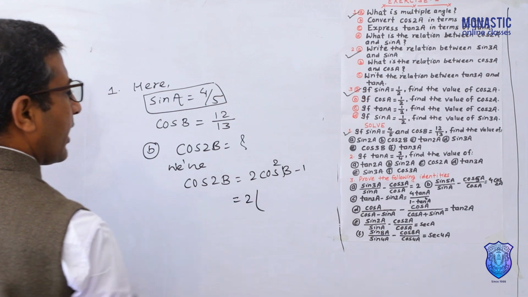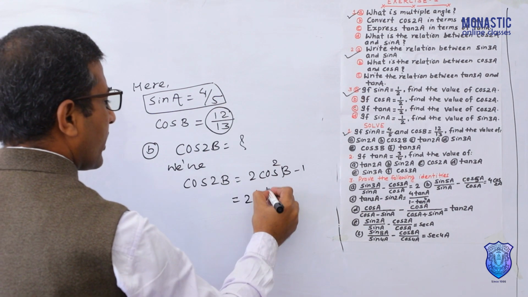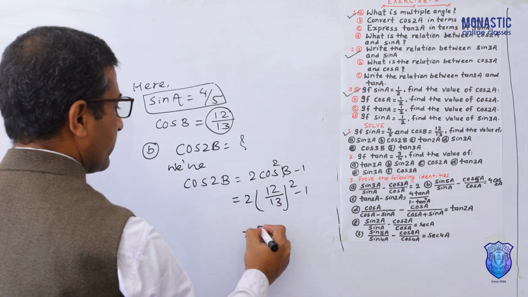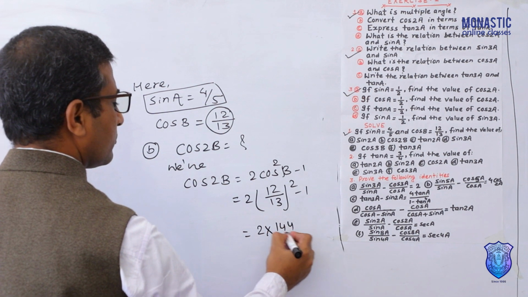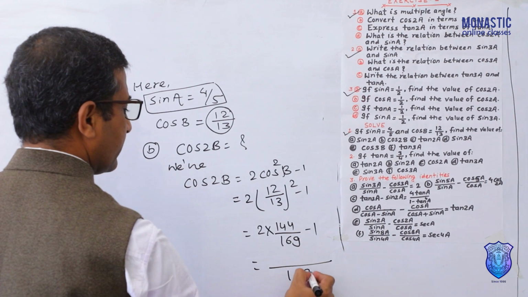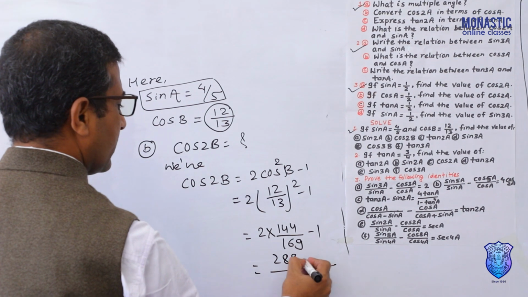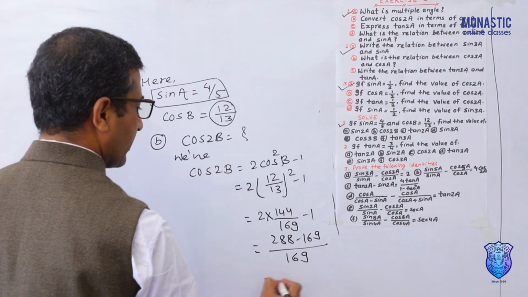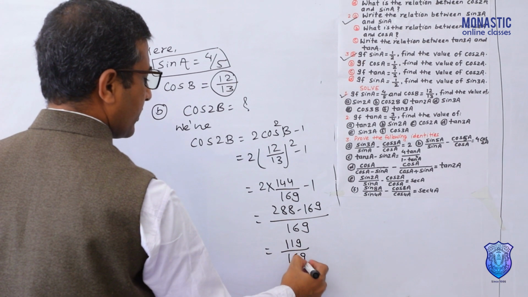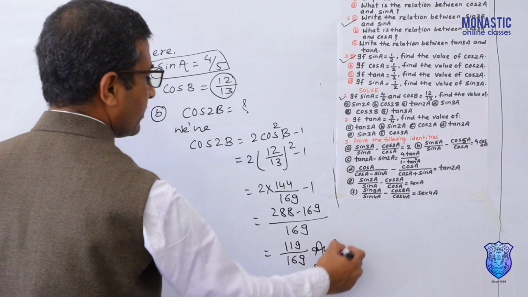Now substitute the value. Cos beta is 12 by 13. Do the simplification. Take the LCM. 288 minus 169, that is 119 by 169. That's our answer.